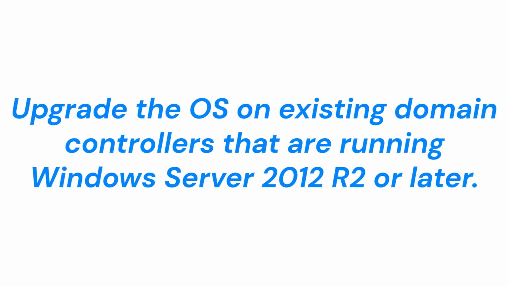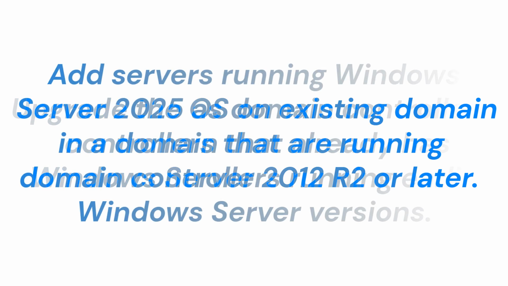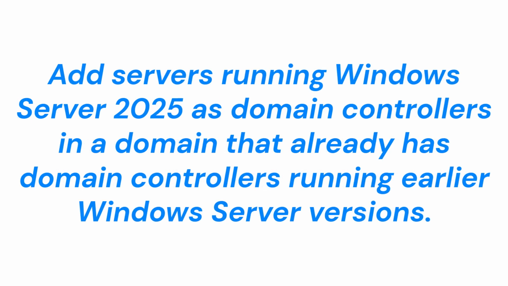Upgrade the OS on existing domain controllers that are running Windows Server 2012 R2 or later. Add servers running Windows Server 2025 as domain controllers in a domain that already has domain controllers running earlier Windows Server versions. We recommend the latter method because when you finish, you have a clean installation of both the Windows Server 2025 OS and the ADDS database.